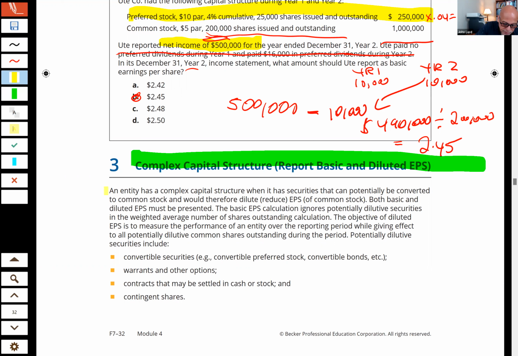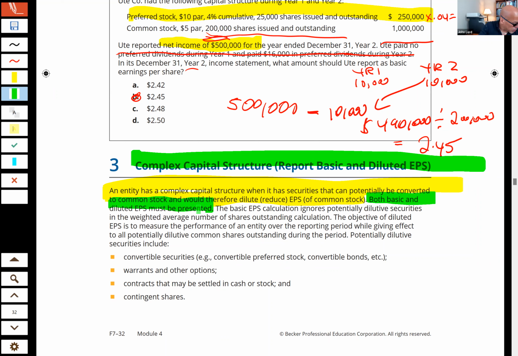Okay, so an entity has a complex structure when it has securities that can potentially be converted to common stock, and therefore would reduce earnings per share of common stock. Okay, now they tell us that under that circumstance, both basic and diluted earnings per share must be presented.